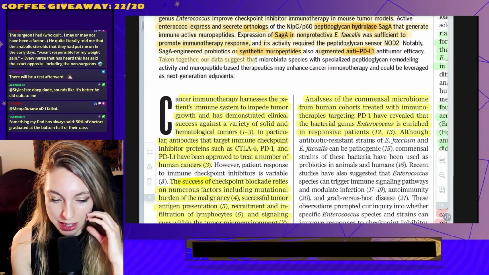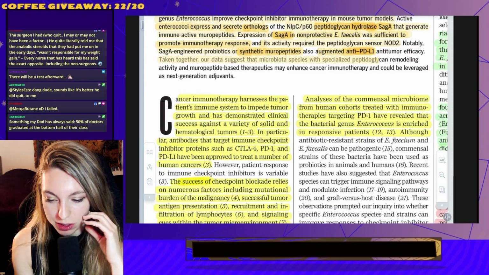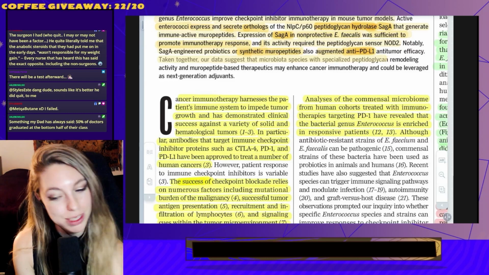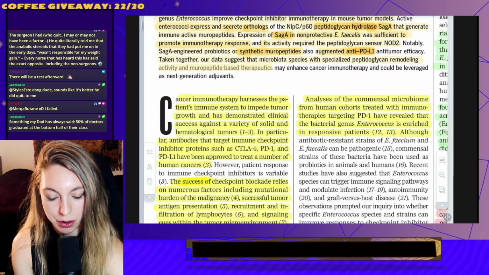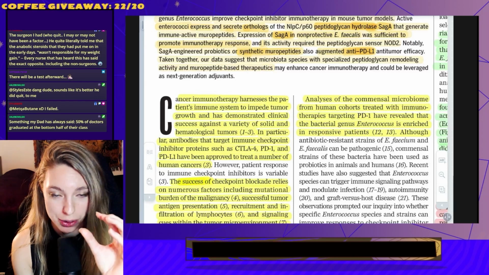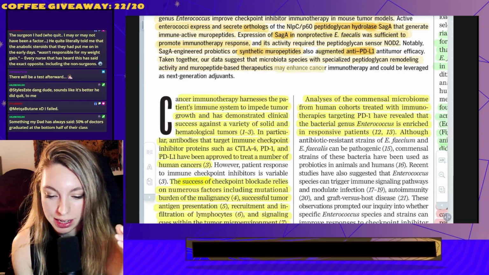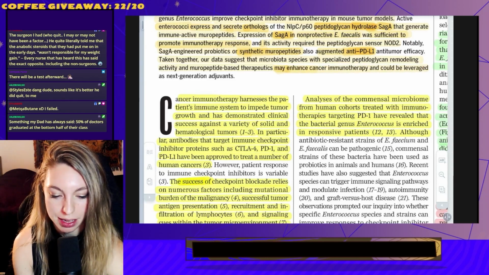Taken together, our data suggests that microbiota species with specialized peptidoglycan, cell wall, remodeling activity, and muropeptide-based therapeutics, so copies of those little bits of peptidoglycan, may enhance cancer immunotherapy and could be leveraged as a next generation of adjuvants.